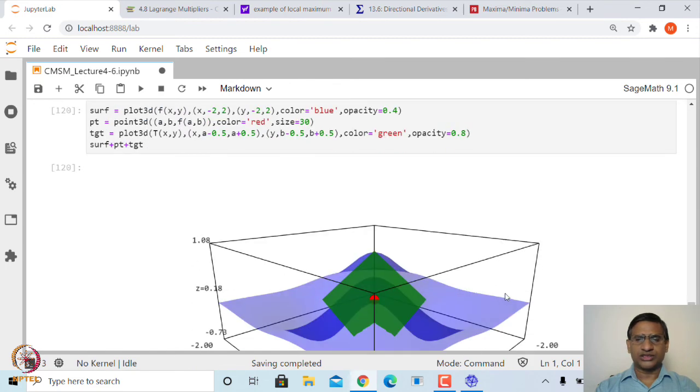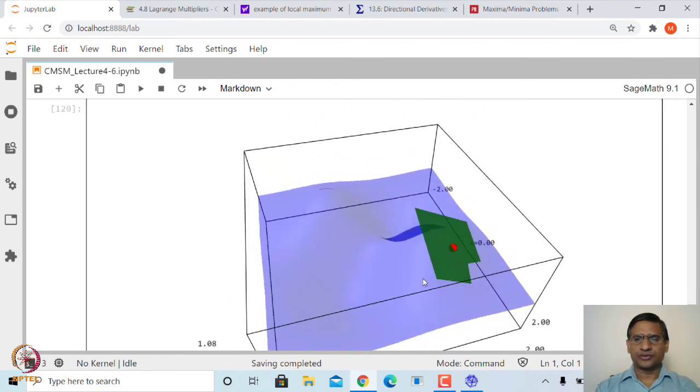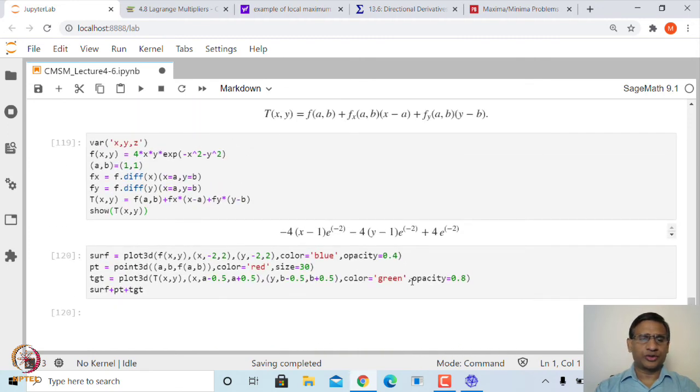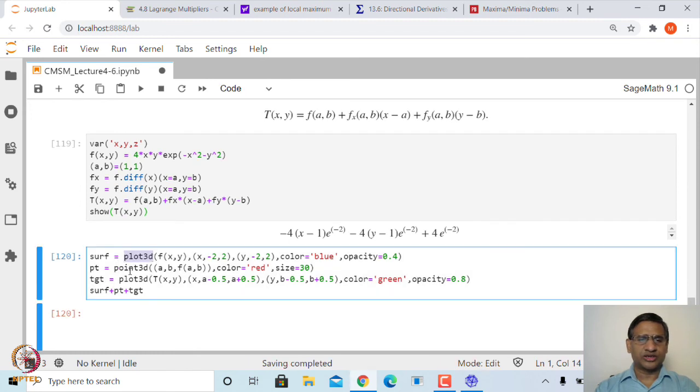So that's the graph of the tangent plane at this particular point. That is again quite easy to plot. Once you have defined the tangent plane, you just use Plot3D to plot the surface, Point3D to plot the point, and again Plot3D to plot the tangent plane, right.